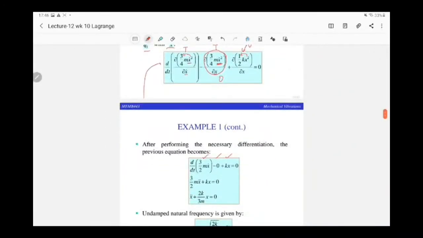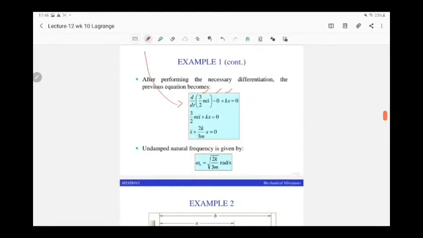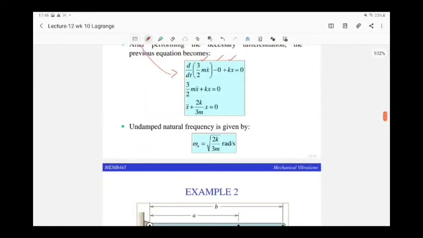So from here you get this expression, and you can rearrange the terms. You can see that if you are asked to find the undamped natural frequency, this is actually your EOM.